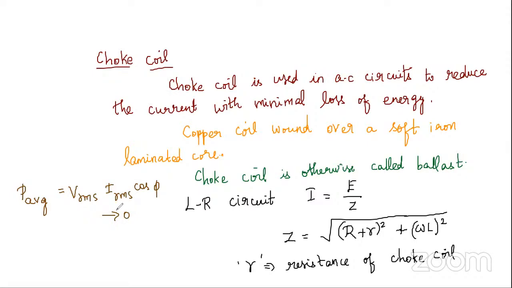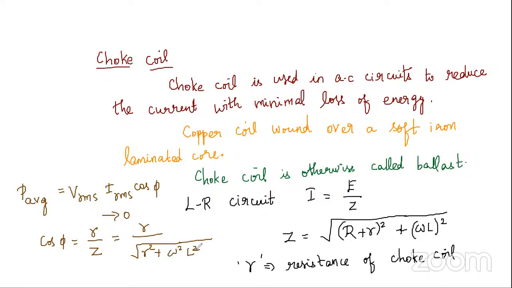And now what is the value of cos phi? Cos phi is nothing but your internal resistance divided by the total impedance. So that will be small r divided by root of r square plus omega square L square.